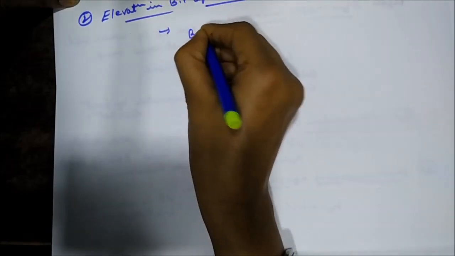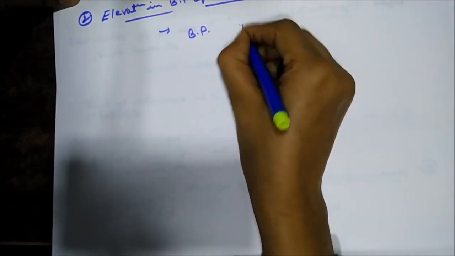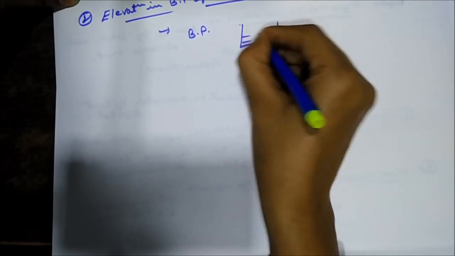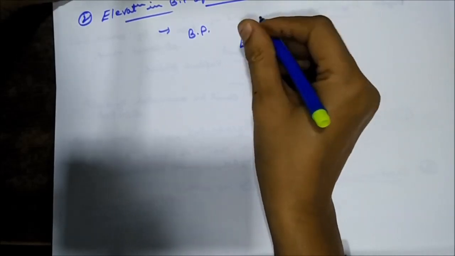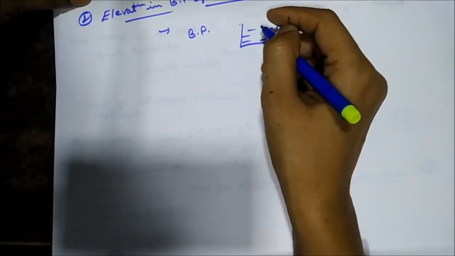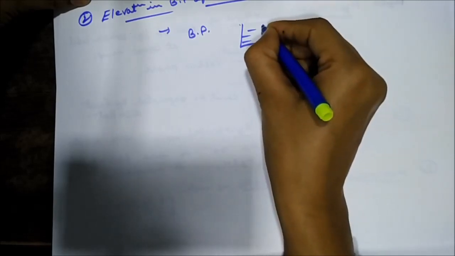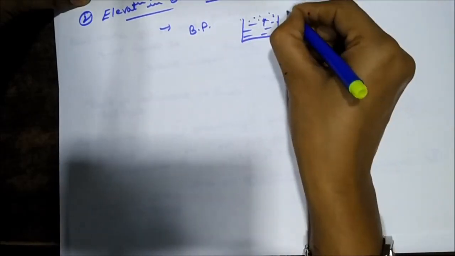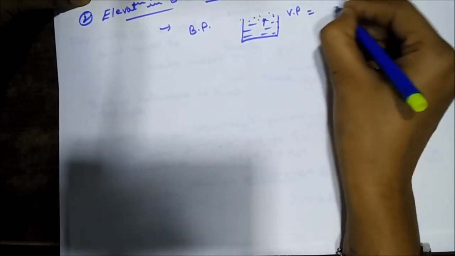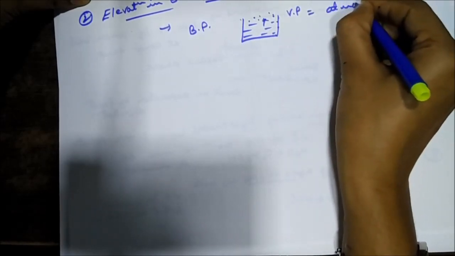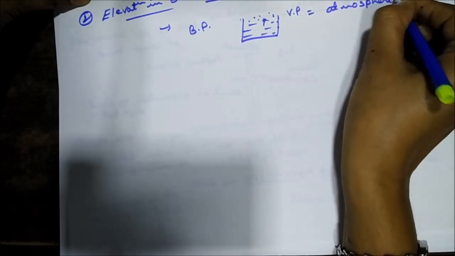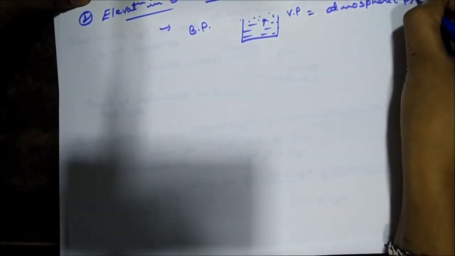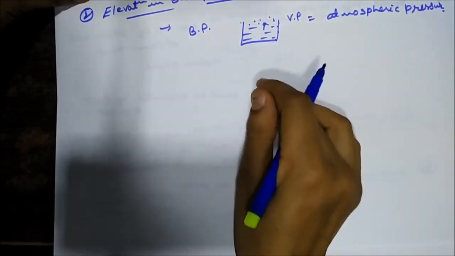Boiling point of a liquid is the temperature at which its vapor pressure becomes equal to the atmospheric pressure, and at this pressure it will start boiling.